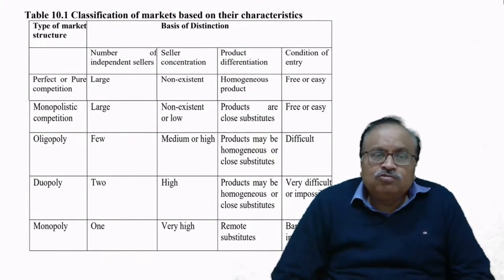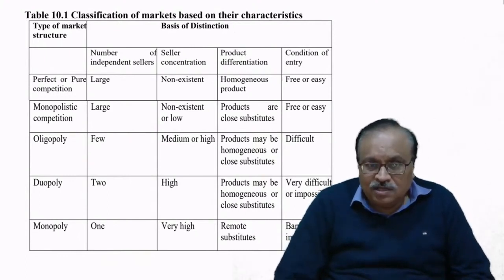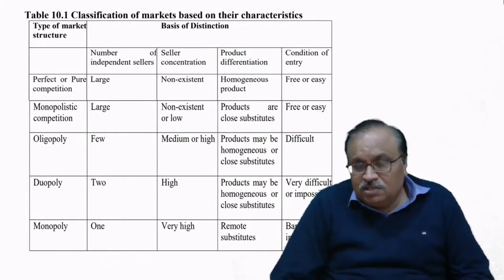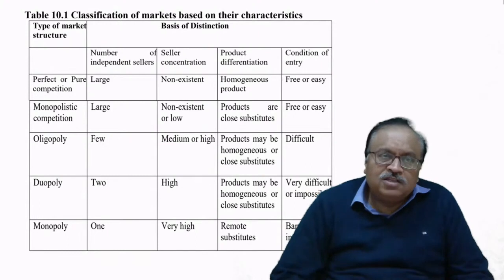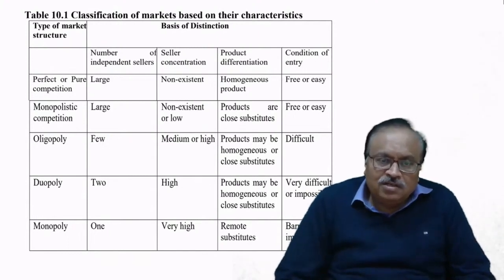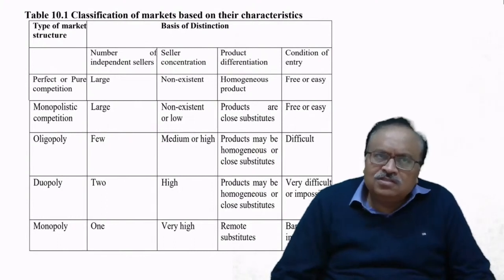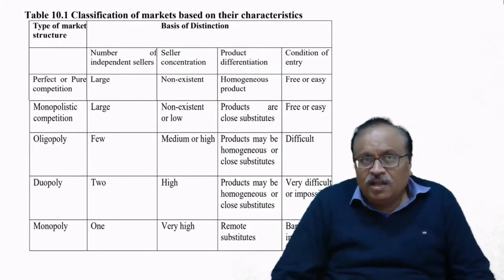Monopoly means one. There is just one seller. The seller concentration is also very high. The product differentiation is a remote substitute because the one seller sells the product which has demand in the market. So even if we try to find a substitute, it's a remote substitute, like railway.